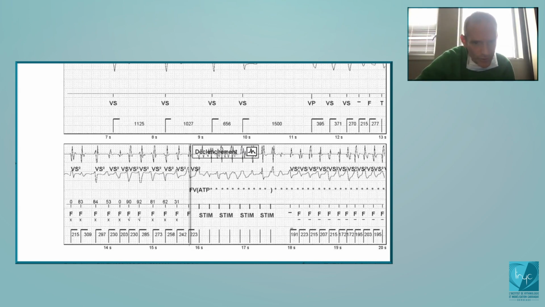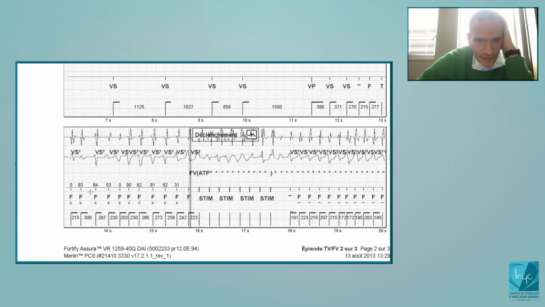If there is noise on this one and no noise on this one, you will have a tachycardia on this one but no tachycardia on this one. In contrast, if there is an arrhythmia, you will have fast cycles in the bipolar channel, like here, but also fast cycles in the discrimination channel. So if the two channels are concordant, it means that this is a real arrhythmia.